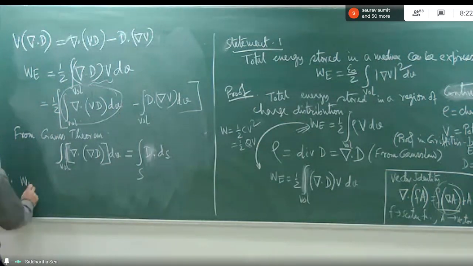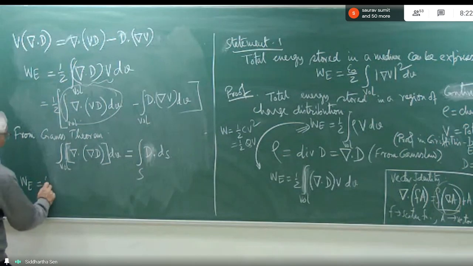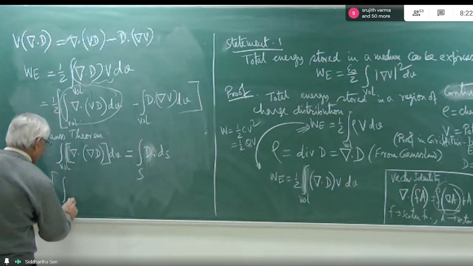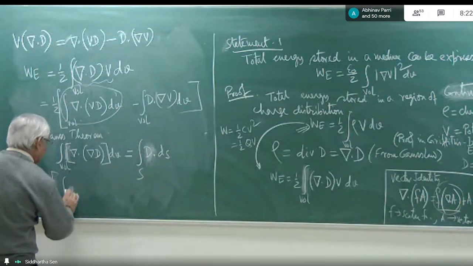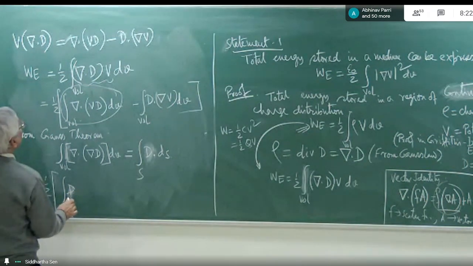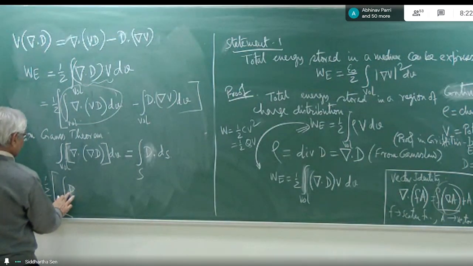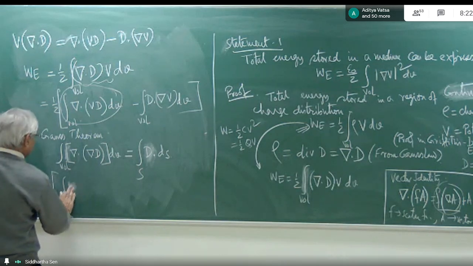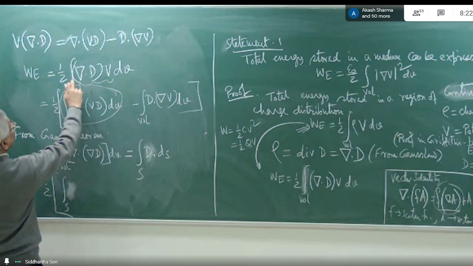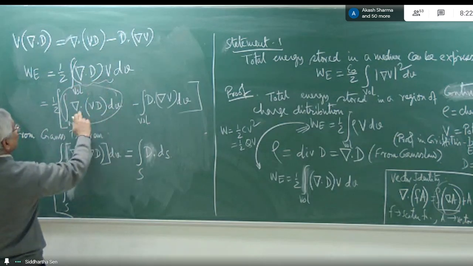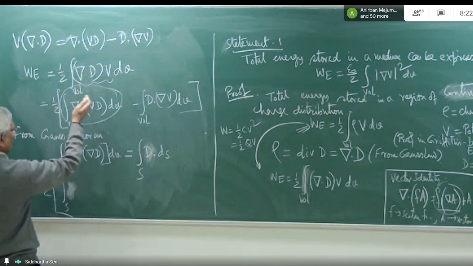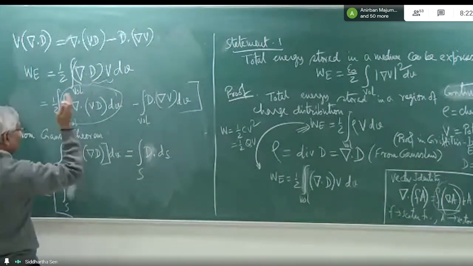Therefore, W is equal to half of the surface integral of capital D, okay, surface integral of, but there is a V term there, and V is a scalar quantity. I can put it in any of the places there.